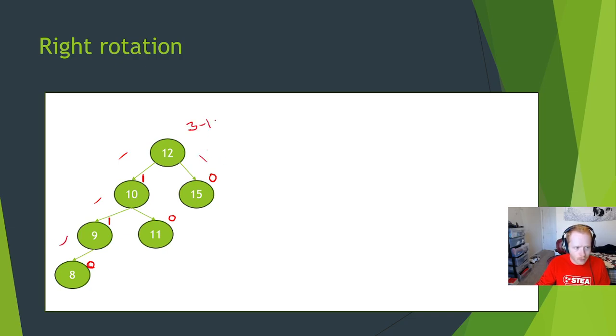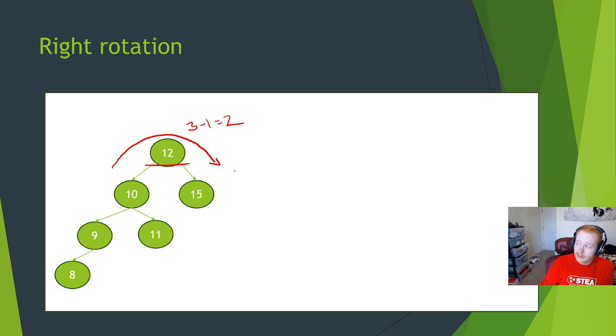So 3 minus 1 is equal to 2. This tree is unbalanced. So we need to do a right rotation on our root node, this 12. So we are going to the right. We want to take everything and shift it this way.